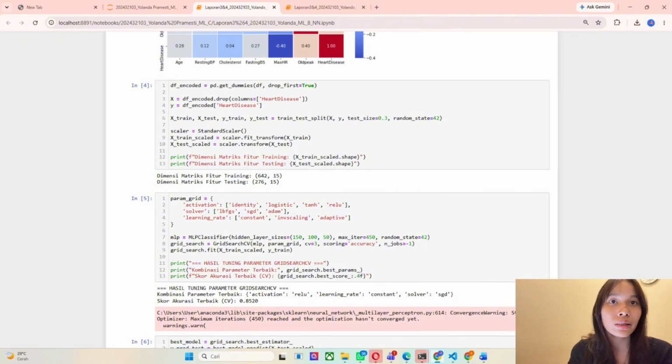To make these compatible with a neural network, I transform them using one-hot encoding via pd.get_dummies. Next, I separated the independent vectors from the target variable, heart disease.